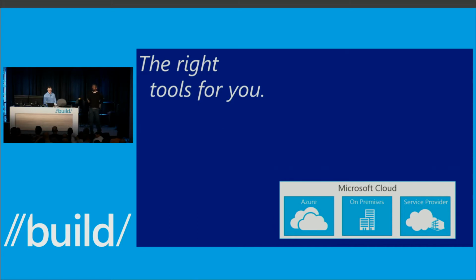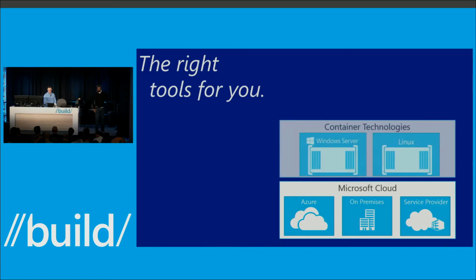You could have it on a VMware or an AWS cloud. Anywhere that Windows Server can run, you can have our containers running. For the container technologies, you have Linux containers, and you have Windows Server containers, both Hyper-V and Windows Server containers itself.